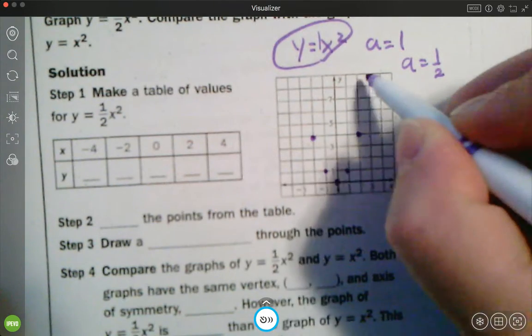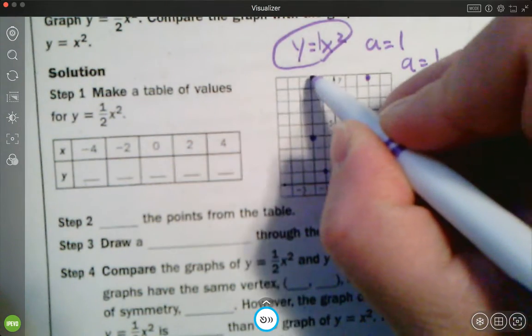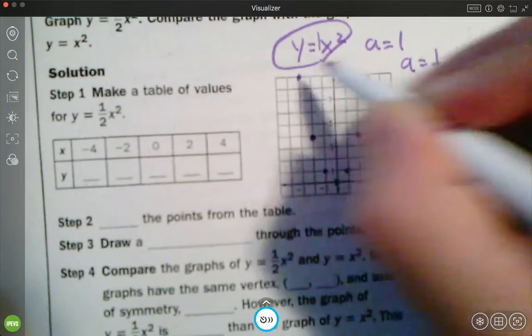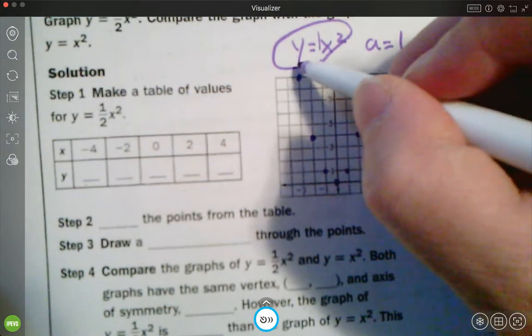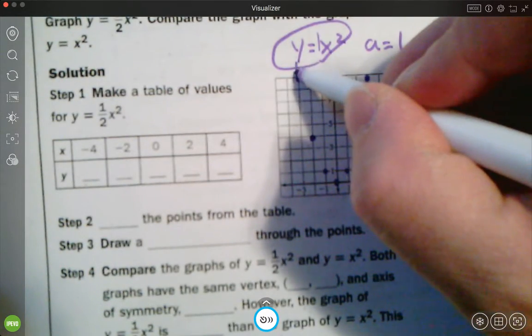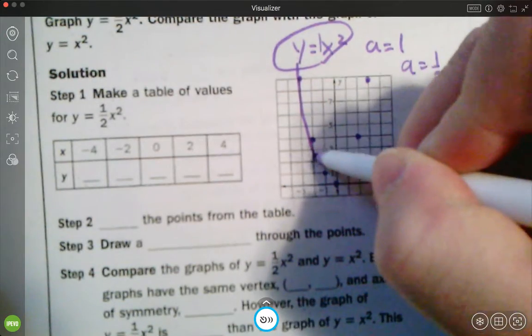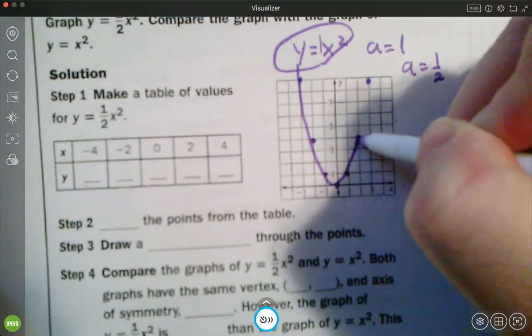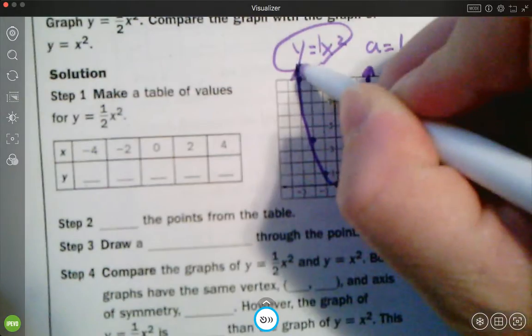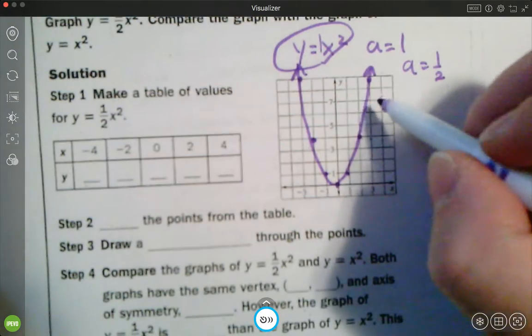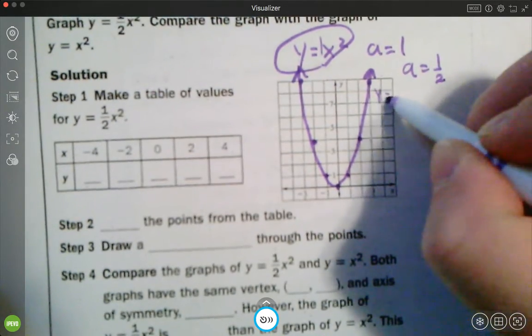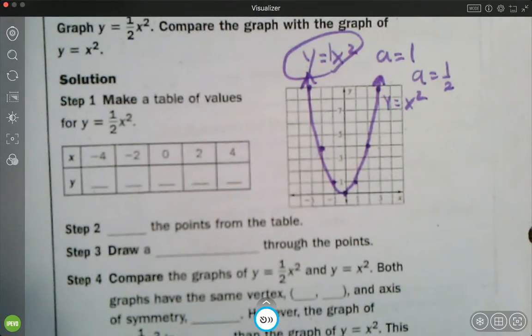Just keep it symmetric. 1, 2, 3. 1, 2, 3. And then again, we draw that smooth curve, but not exponentially. It's a parabola. Okay, so again, this is y equals x squared.